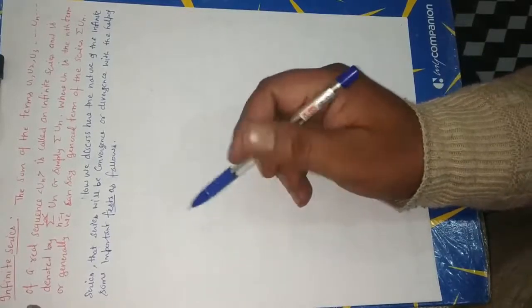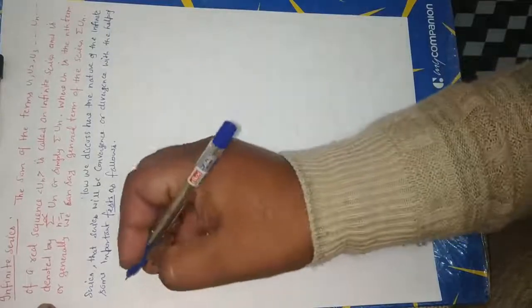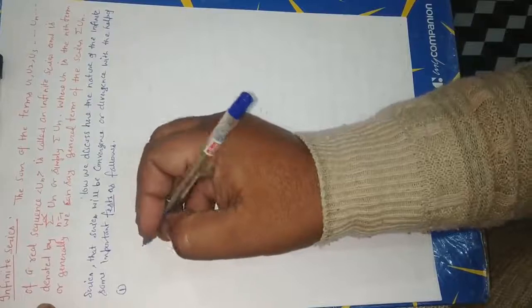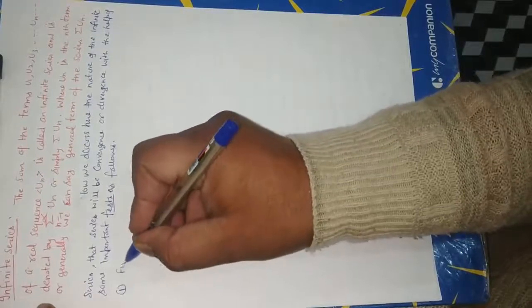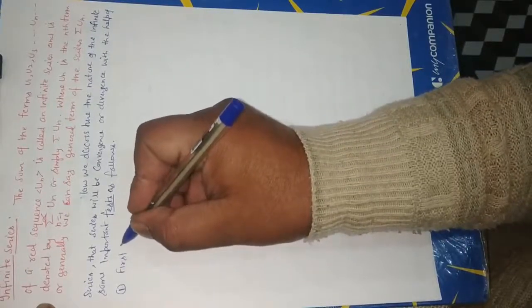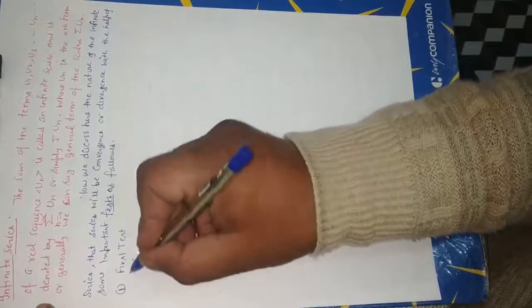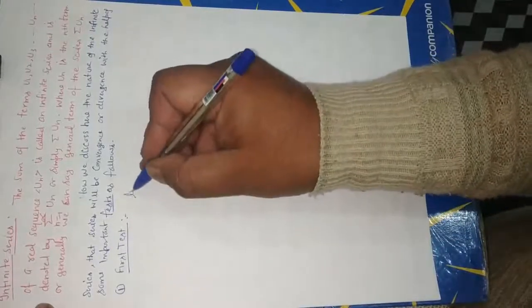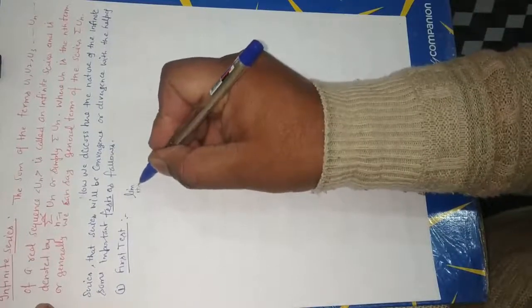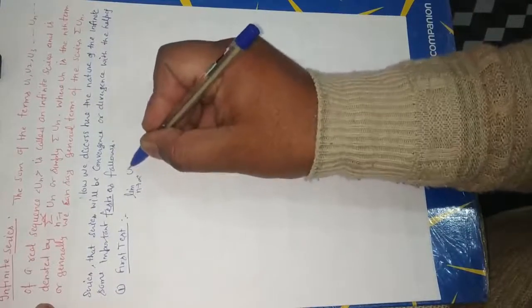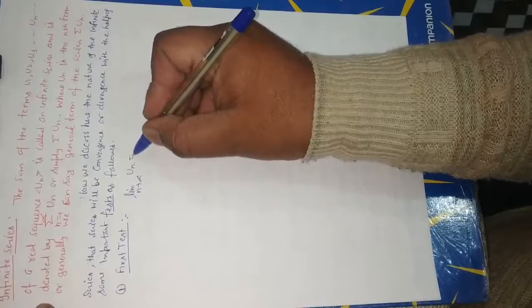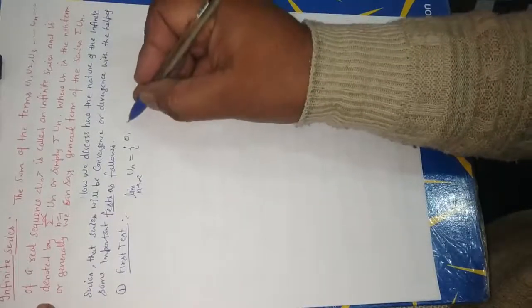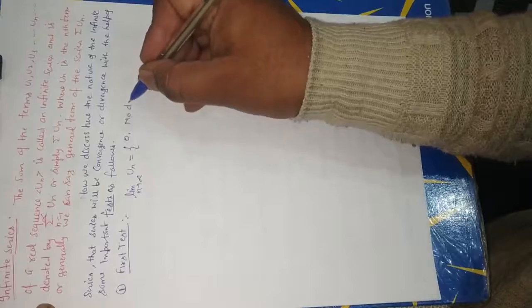Now there are some tests. Number 1, first test. The test is: limit n tending to infinity un equal to 0, then we can say no declaration.